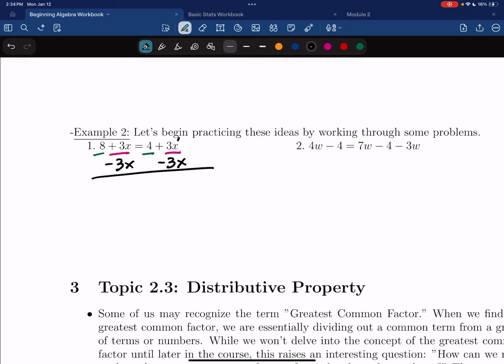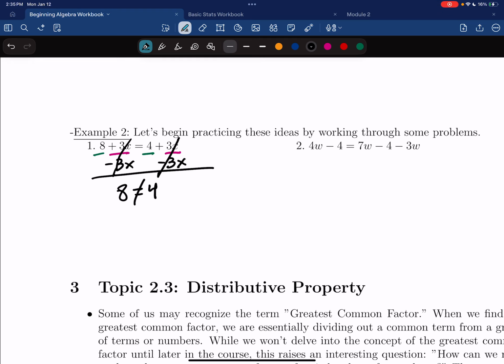The 3x here cancels. Positive 3x minus 3x cancels. Positive 3x minus 3x, that also cancels. So we're left with 8 equals 4. Well, 8 isn't equal to 4, right?